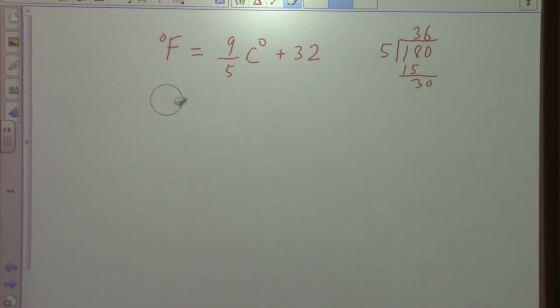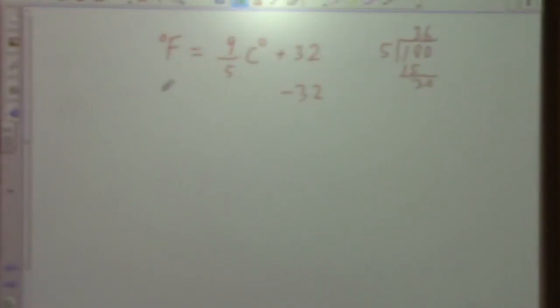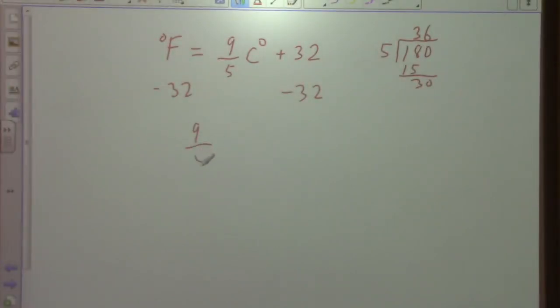Well, we would solve for this other variable here, right? How would we do that? Subtract 32. So we'd have 9/5 of our Celsius is equal to our Fahrenheit minus 32. And then what?